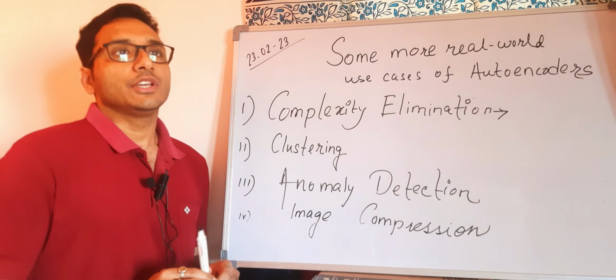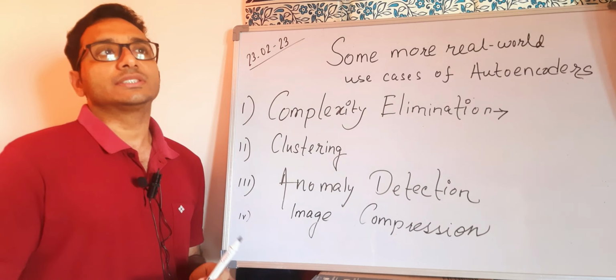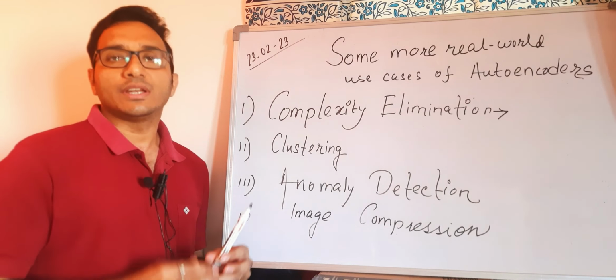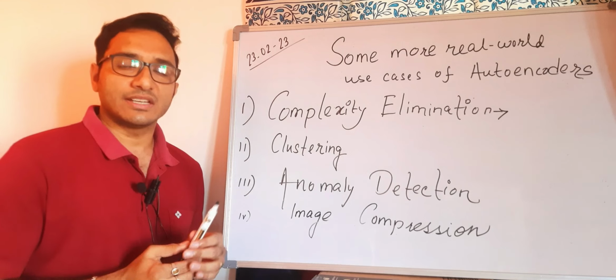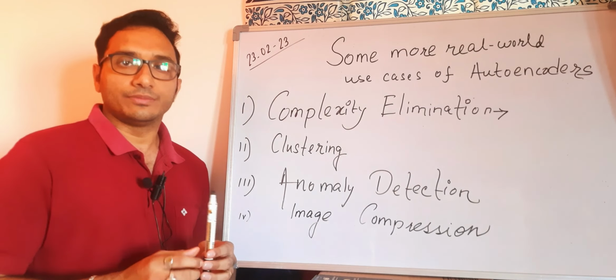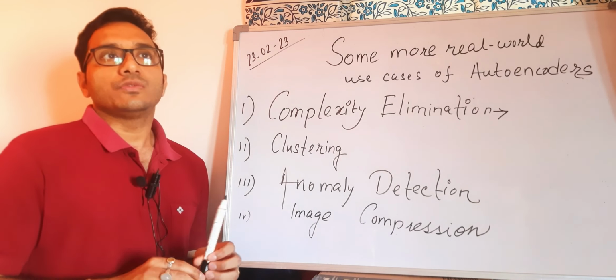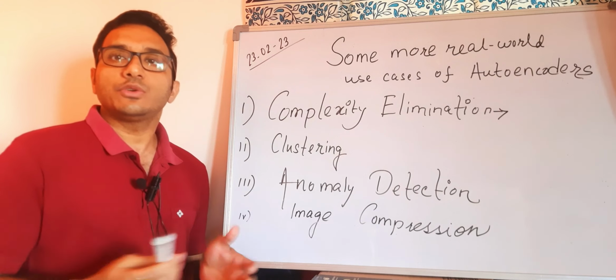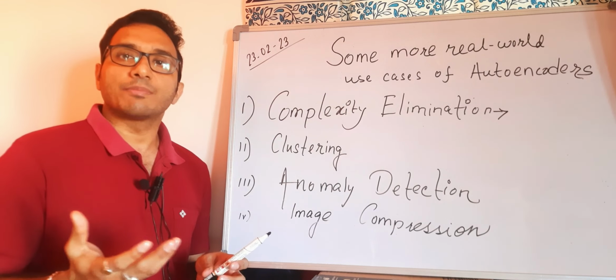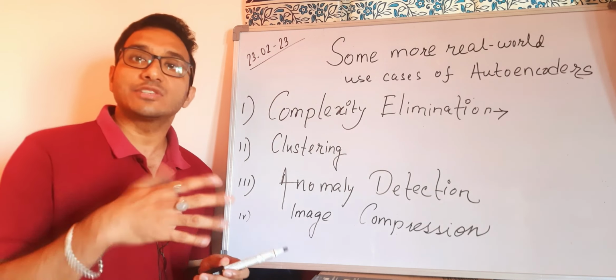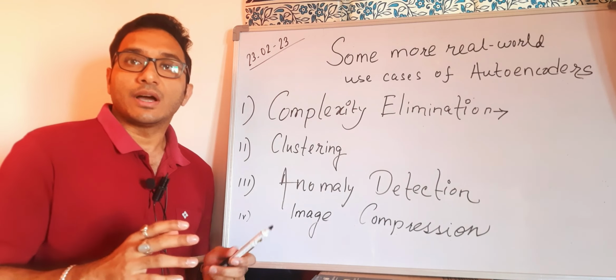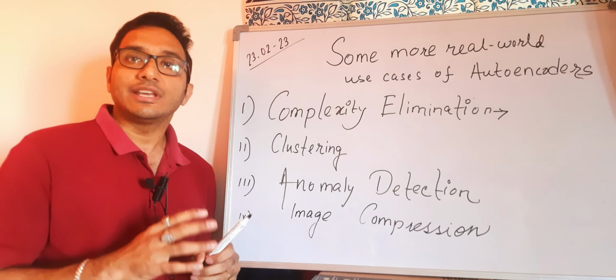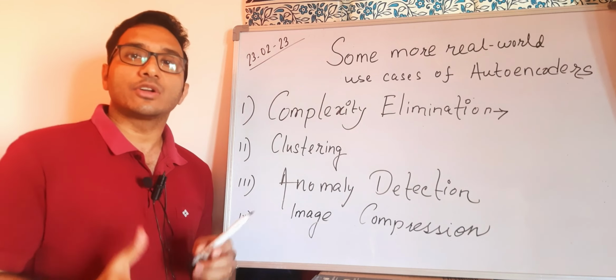For example, you can tell the interviewer that suppose I have a problem statement to classify an image as a cat or a dog. For an autoencoder, you don't need to supply very high resolution images, meaning you don't need to supply a 4K resolution image of your cat or dog.